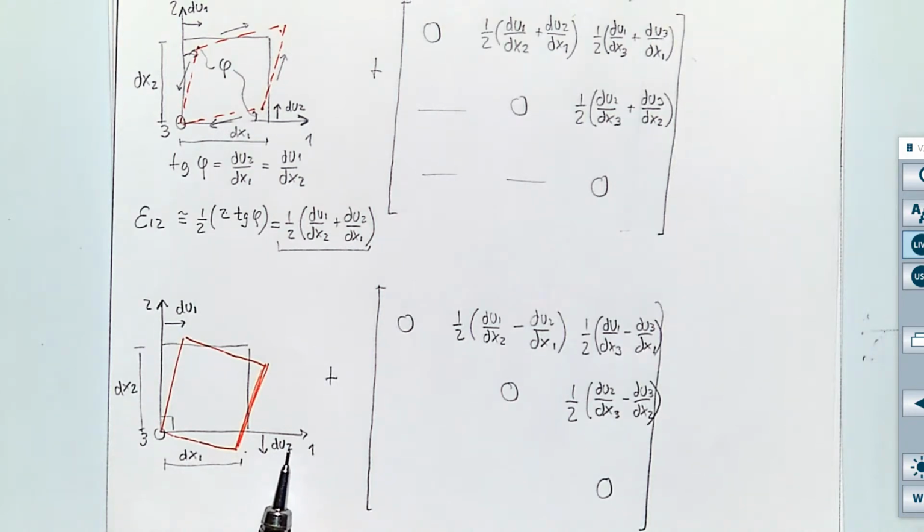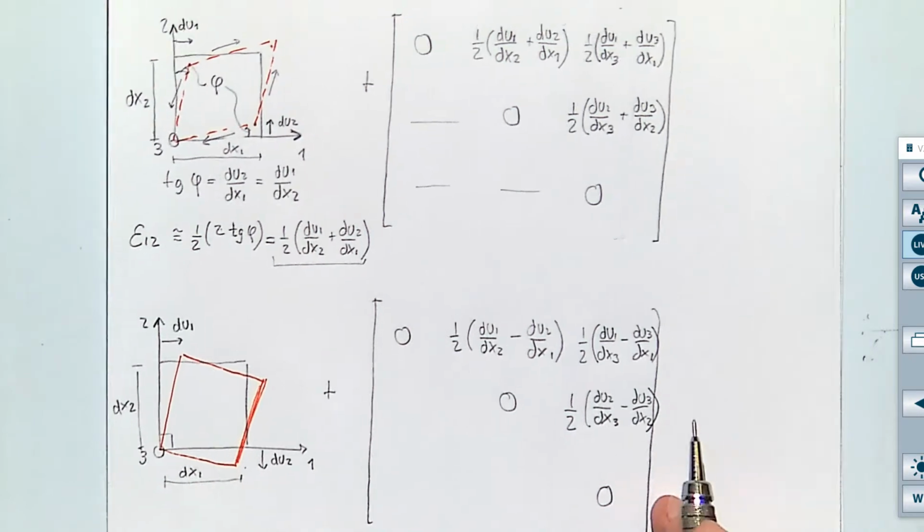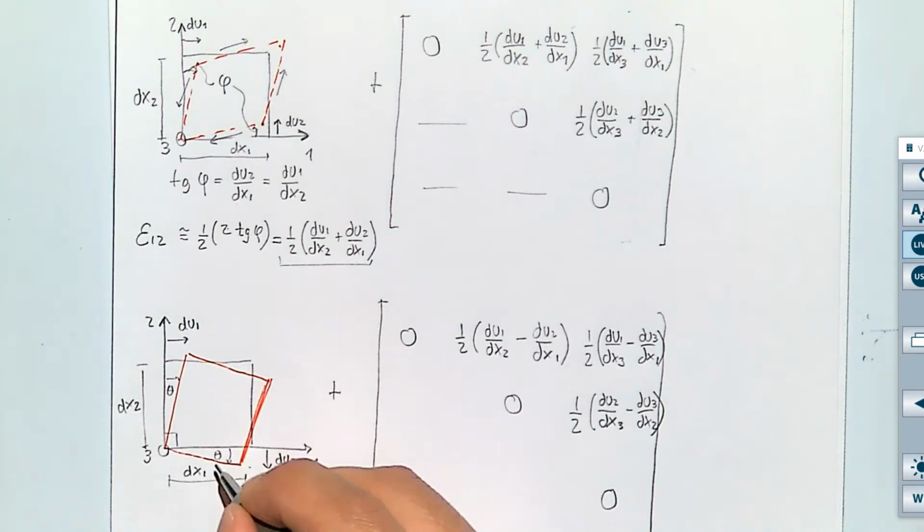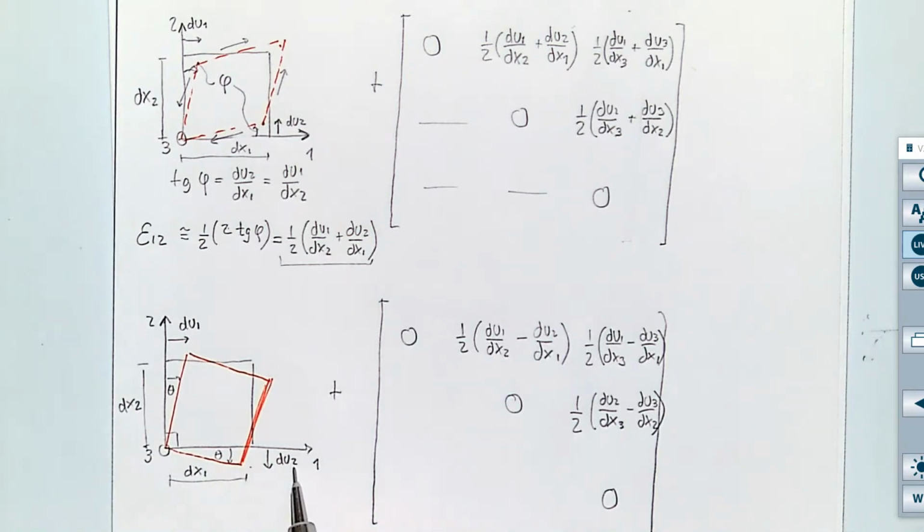In this case, let's call this angle omega. The angle is going to be the same, but now when I do du2 dx1, that's going to be a negative term. Can you see that it's a negative term?